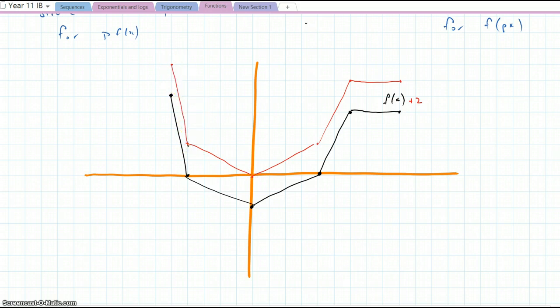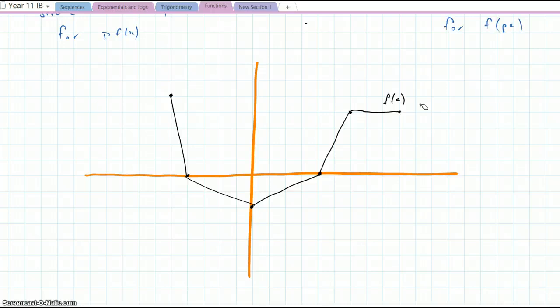It's a cut and paste up by 2 units. If that was a down by 2, I just backtrack, undo all those bits. A minus 2 would just come back the other way. So that's at that level. Plus or minus 2 translation in there.